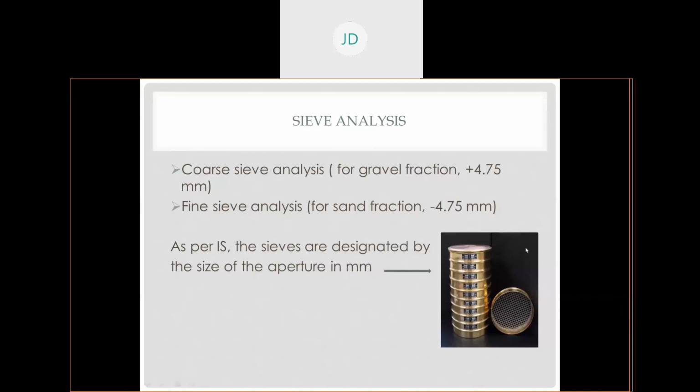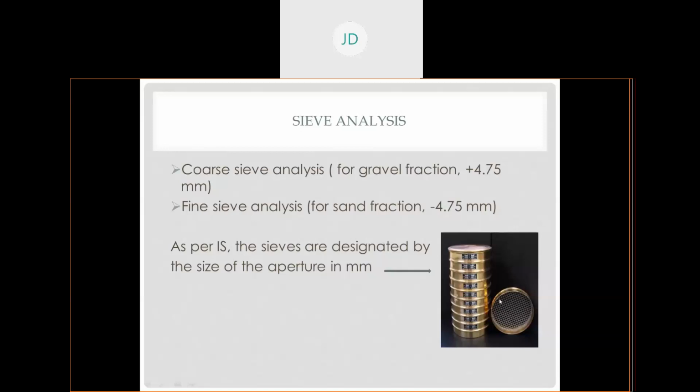That means if you put some soil sample above this tray, some soil may pass through it and some soil particles may be retained on this sieve. From this small experiment, whatever soil passes through this sieve has a size smaller than 2 mm.